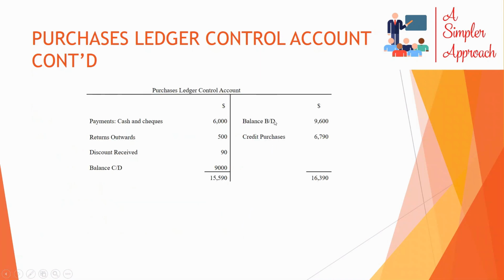Now, if balance BD should be on the credit side, it means balance CD is going to be on the debit side. Okay? Now, when you add these together, you get $15,590. And when you add these two together, you get $16,390. As we said before, these two, this one right here and this one right here, should be equal. And the fact that it is not means that there is an error within the purchases ledger.